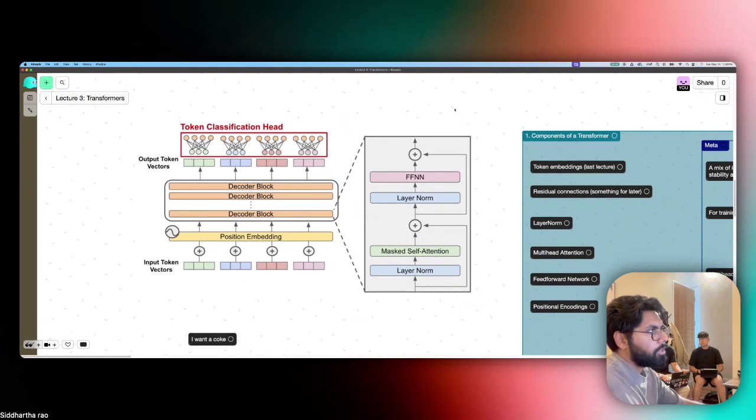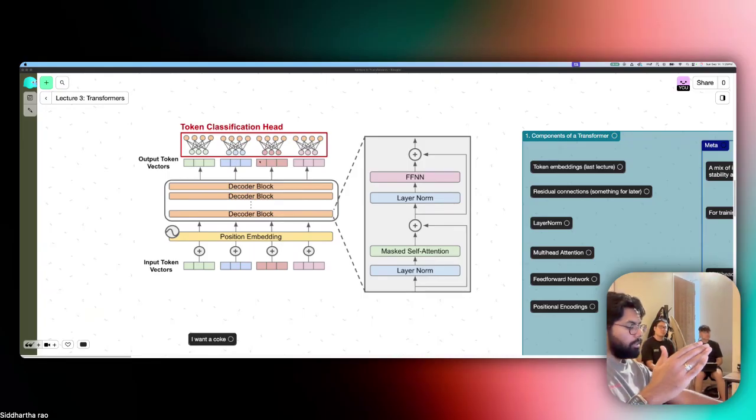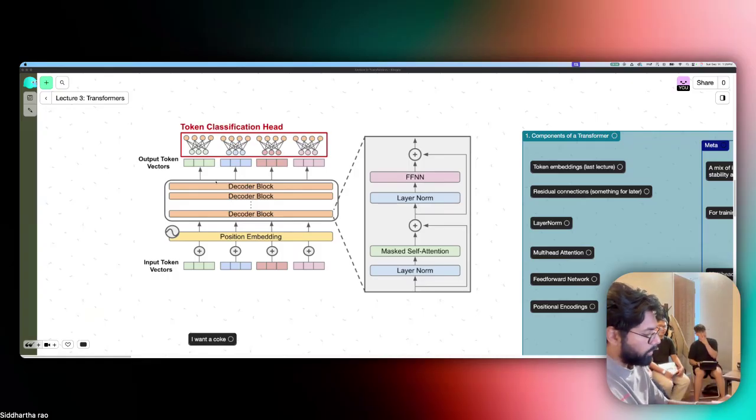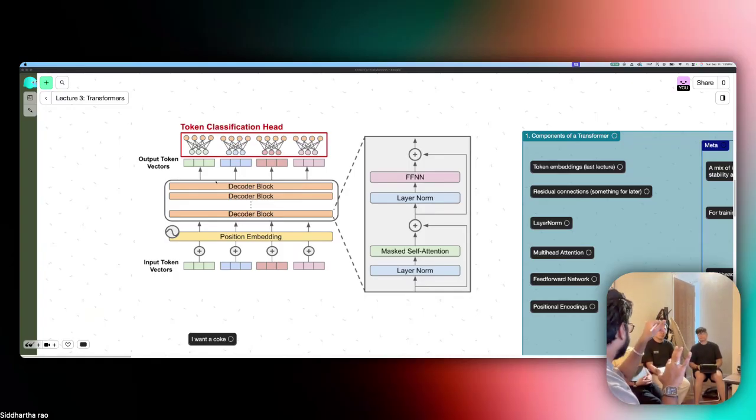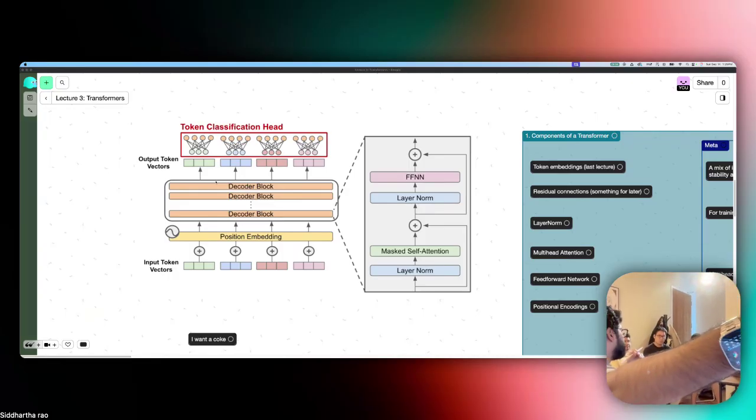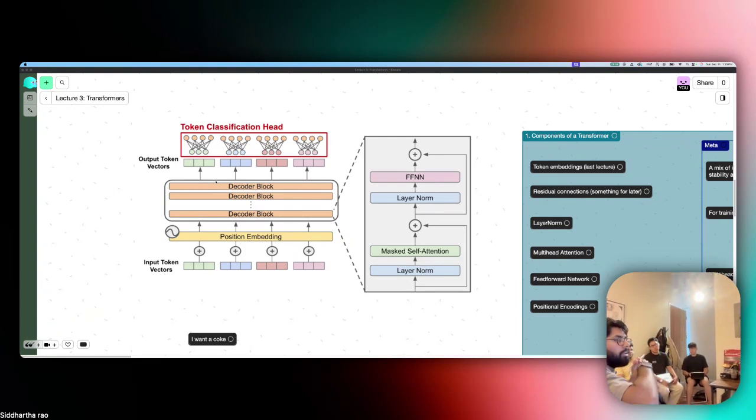We briefly talked about it last week, but we'll go into detail a little bit today. We talked about the input token vectors, which is the input embedding matrix. And we talked about the output token vectors, which are, in the end, the 5 by 128 matrix we talked about, 5 tokens, each token having a 128-dimension vector representation. The output token vectors are also of the same shape, 5 by 128.